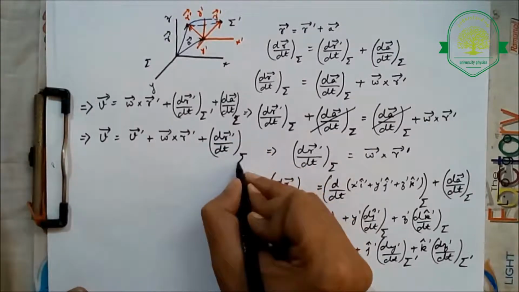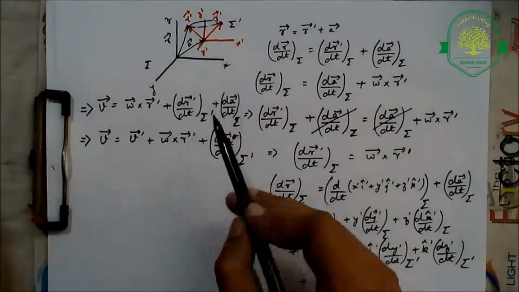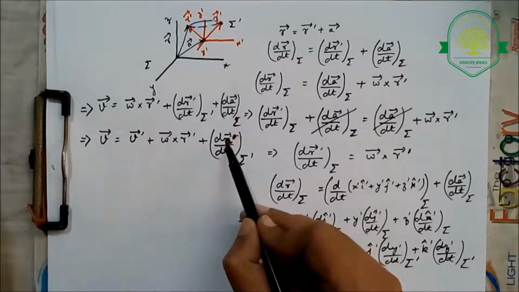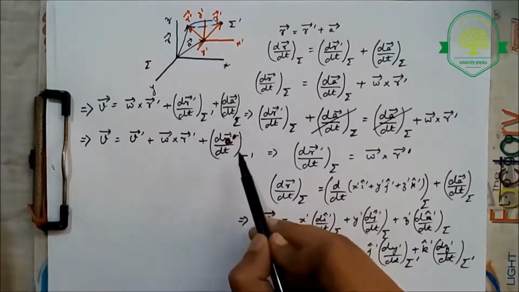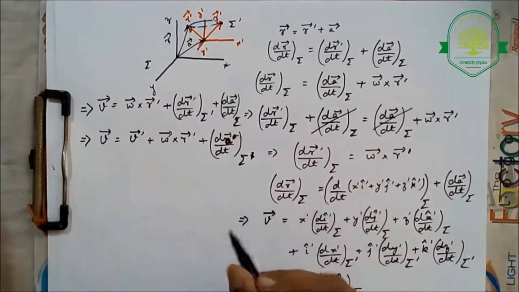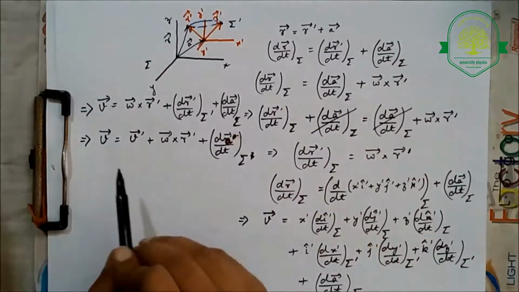I'm sorry, I had made a mistake in this step. In copying from here to here, I had mistakenly written r primed vector. The d/dt of r primed vector with respect to sigma primed is what I had written, but it actually will be just this term, dA vector over dt as seen from sigma.